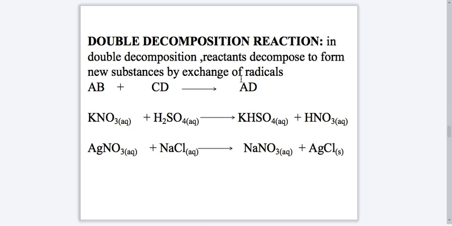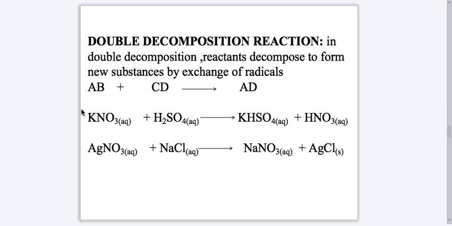What is the meaning of radicals? As I've said earlier, radicals refer to a group of atoms that possess electrical charge. For example, here we have NO3 minus, that's a radical, and we have SO4 2 minus, another radical.